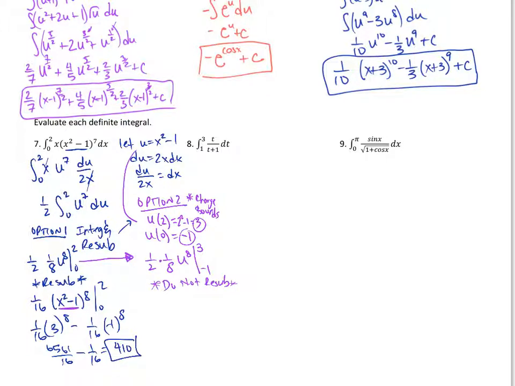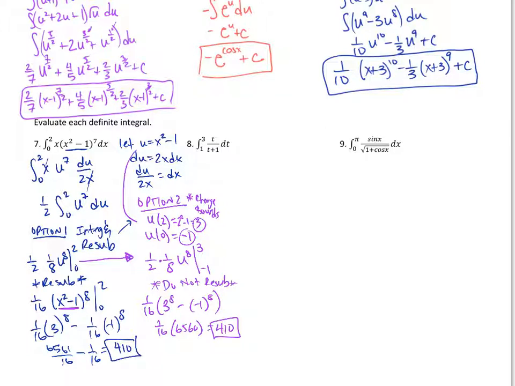When this u value is kind of crazy, it'll yield lower numbers and be easier to calculate with. So this ends up being 1/16 times 3 to the 8th minus -1 to the 8th, so it'll be 1/16 times 6560, which gives me the same answer, 410.